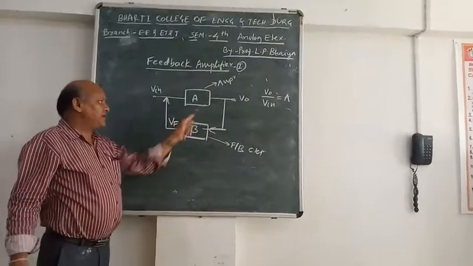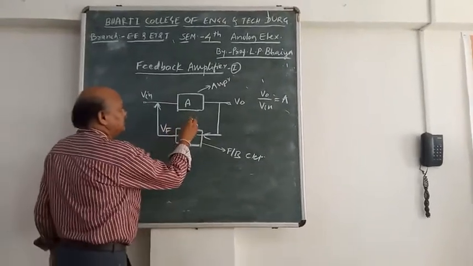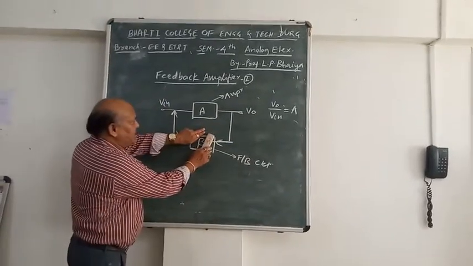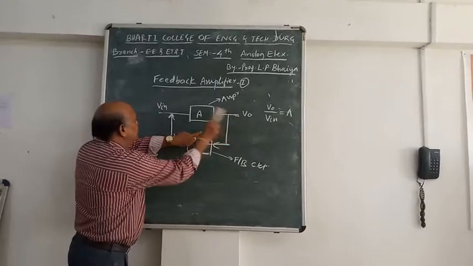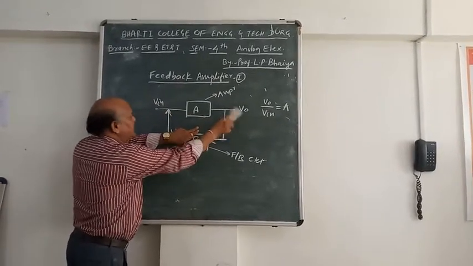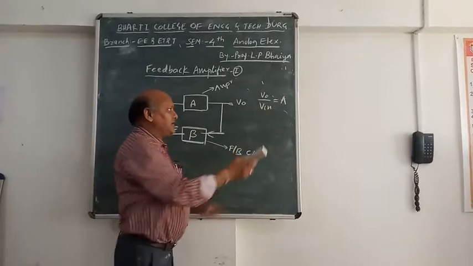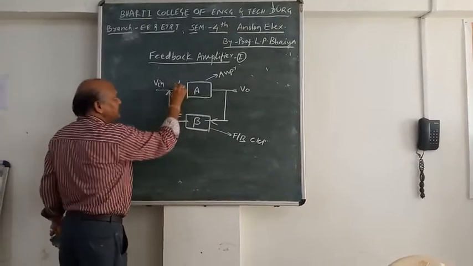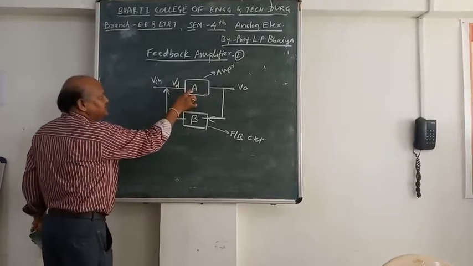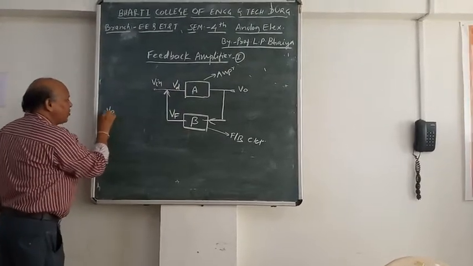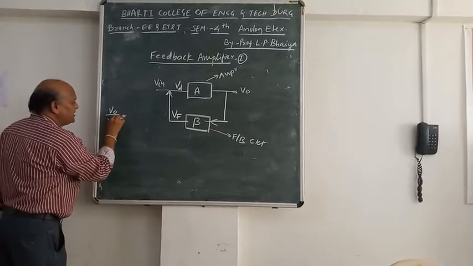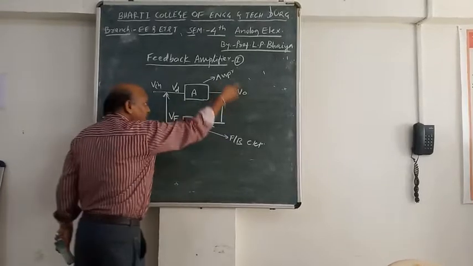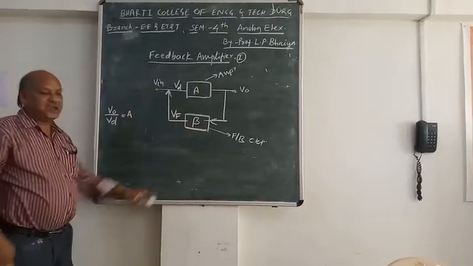Now in this feedback amplifier, before applying the feedback factor, the open loop gain is V0 upon V in, that is equal to A. But now this criterion changes, and whatever is the difference available here, V0 by Vd is the A. So I can write the open loop gain as V0 upon Vd equal to A. And now we have to calculate the closed loop gain, that is the gain with feedback.